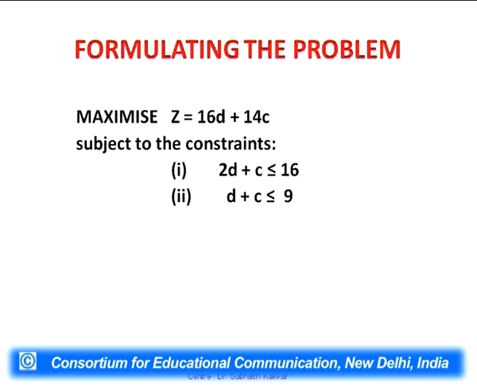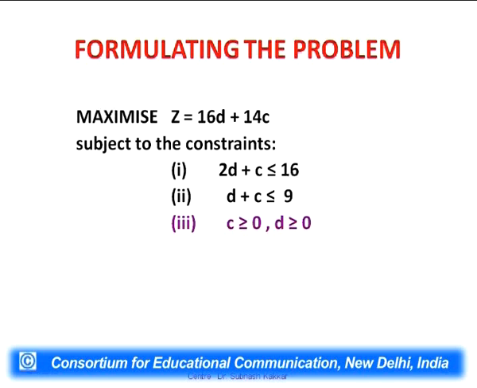So, D plus C is less than or equal to 9, and C and D both are non-negative. So, they cannot have negative values. So, the constraints are C is greater than or equal to 0, D is greater than or equal to 0. This completes the formulation of the problem.